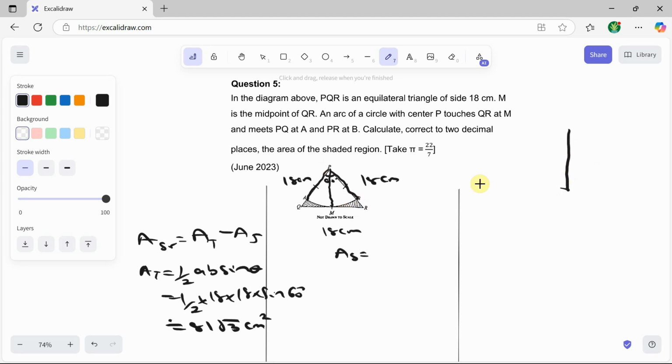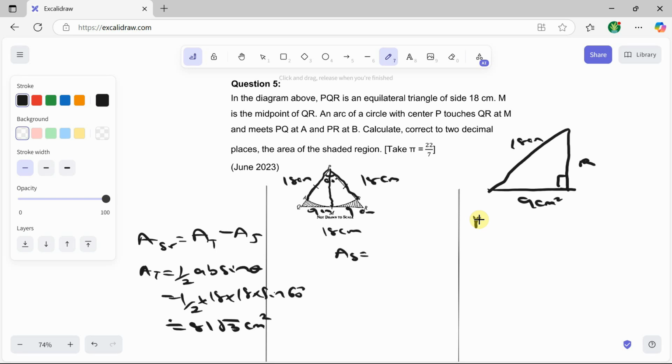This is the r, and this is the full length, 18 centimeter, and this guy here. Remember, this guy is bisecting. M is at the midpoint of QR, just like they said. So this place here is 9 centimeter, and this place here is 9 centimeter. So this is 9 centimeter, and this is also 90 degrees. So we can find what this r is. If I find what this r is, it will be the same as this guy. So we will know the radius of the circle from there.